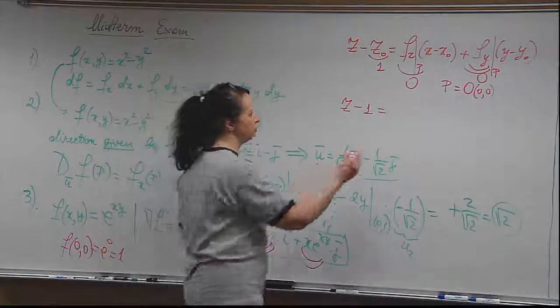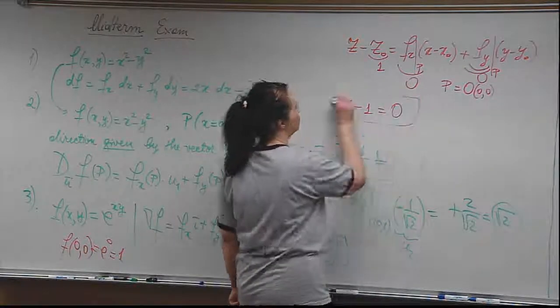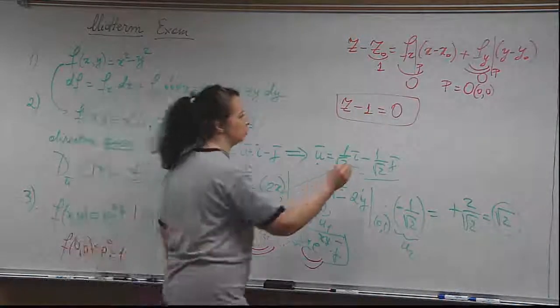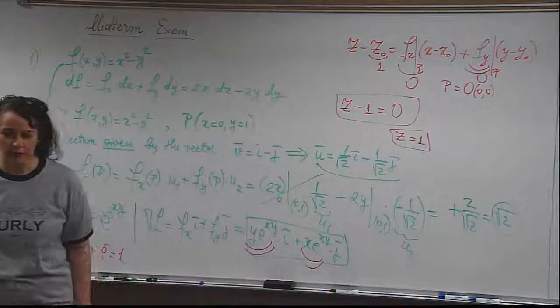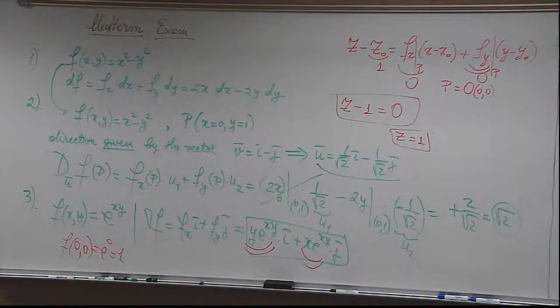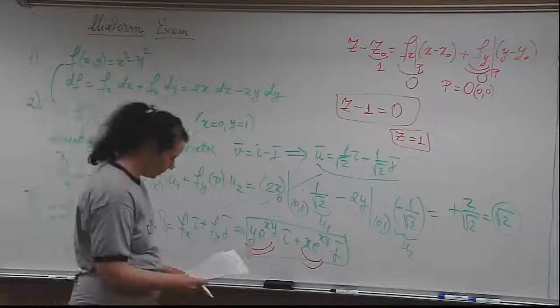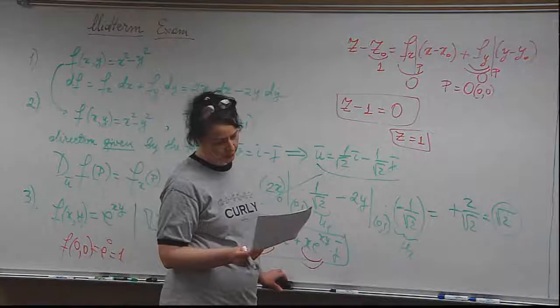You were expected to say that. So the answer for this problem was z equals 1. Still, if you messed up, I gave some partial credit because I didn't want to punish you too harshly.